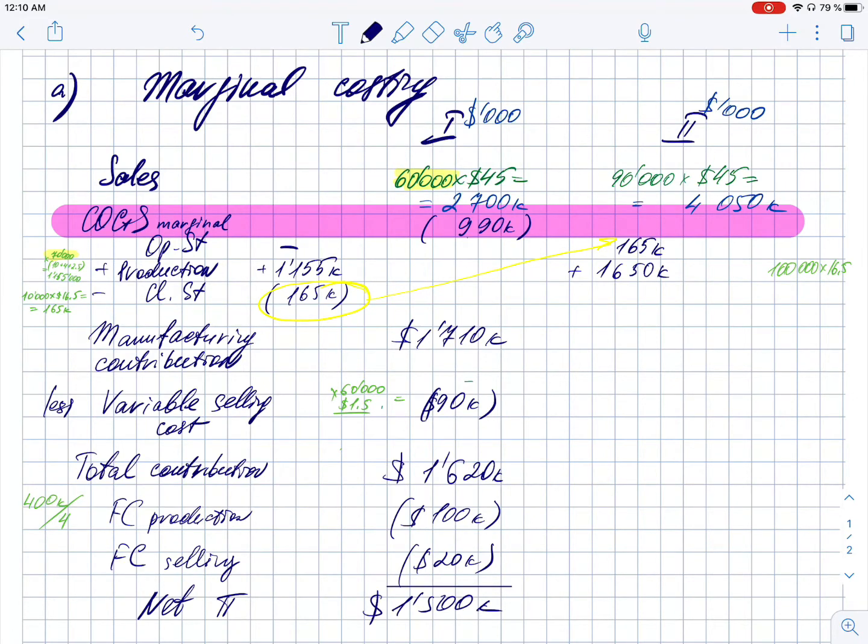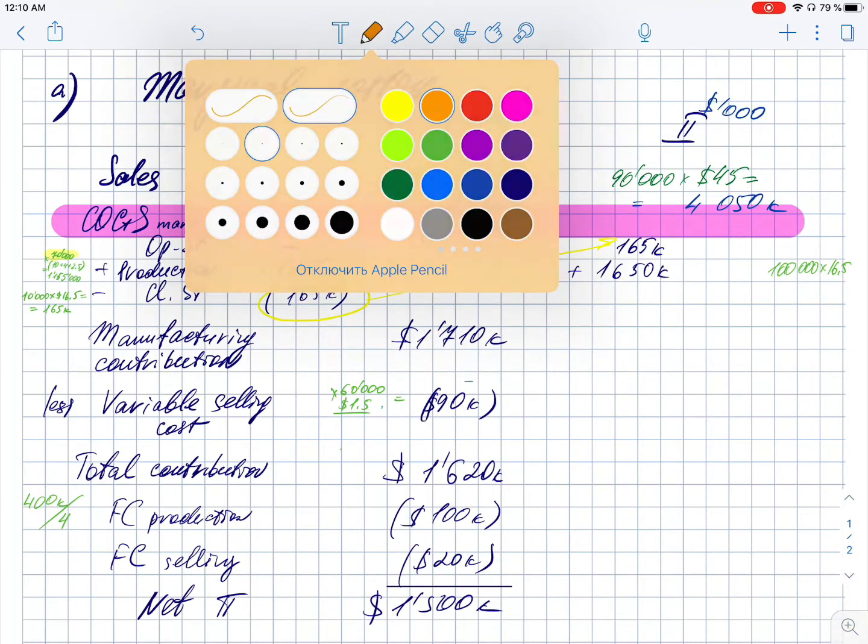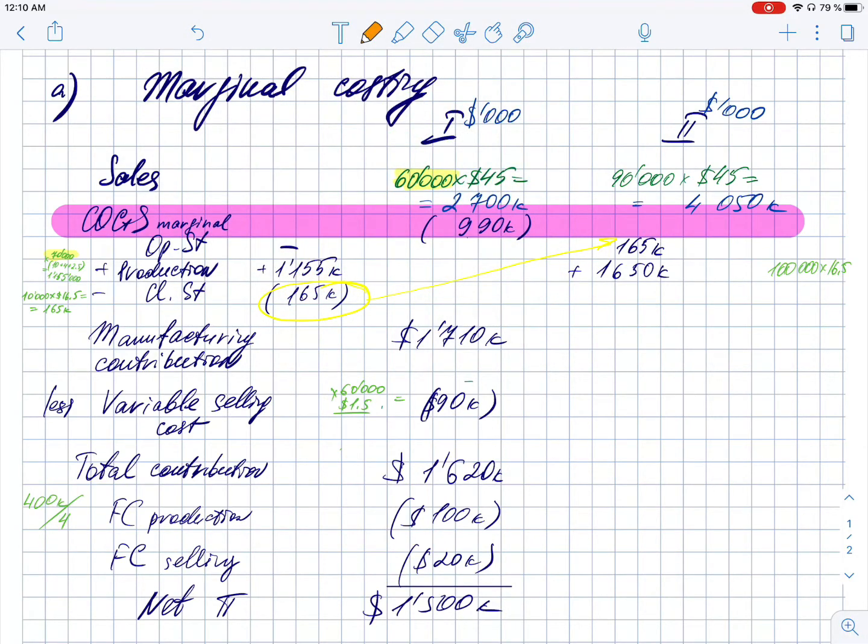And closing stock would be, there should be some math. I will use orange color because I will calculate units. So the company had 10,000 units on stock. Then the company produces 100,000 units and sells 90,000 units. Eventually, at the premises of the company, 20,000 units are still present. So we have to value closing stock as 20,000 units multiplied by 16.5.